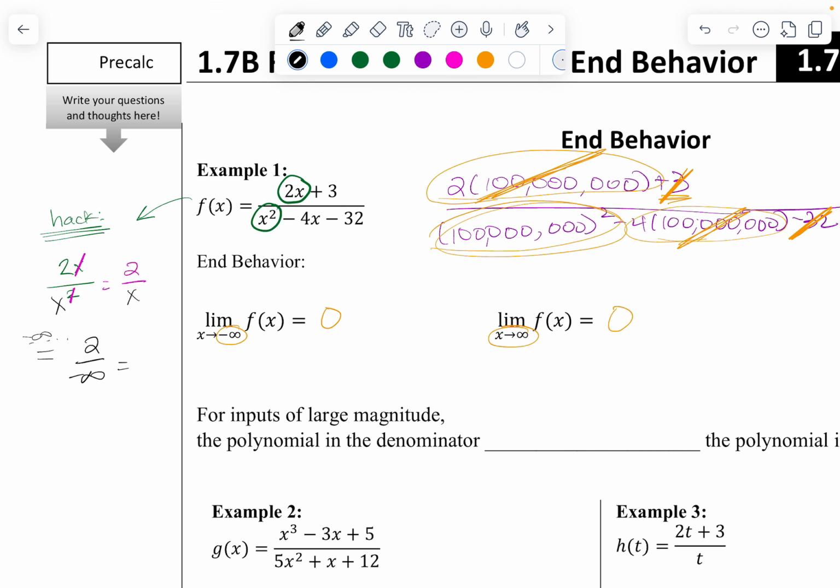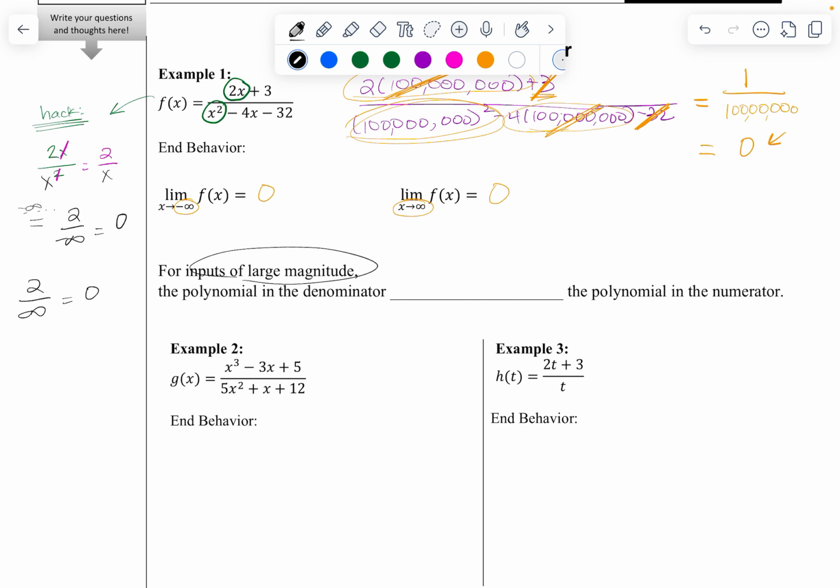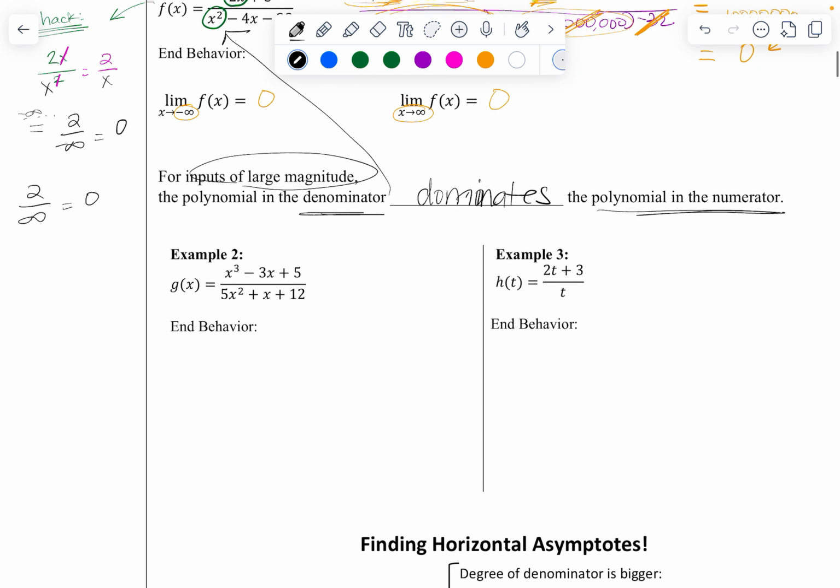Dividing 2 by an infinitely small number is like dividing it to 0, and 2 divided by an infinitely big number is also like 0. For inputs of really big magnitude, the polynomial in the denominator dominates the polynomial in the numerator because it's so much bigger. That power means it overcomes the overall polynomial.